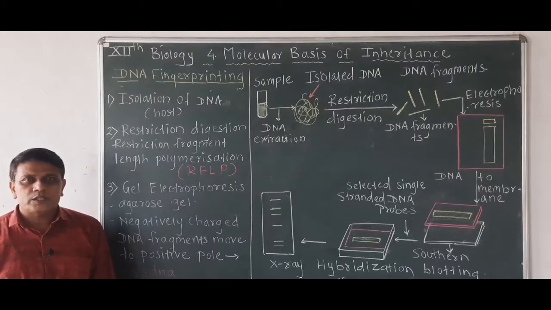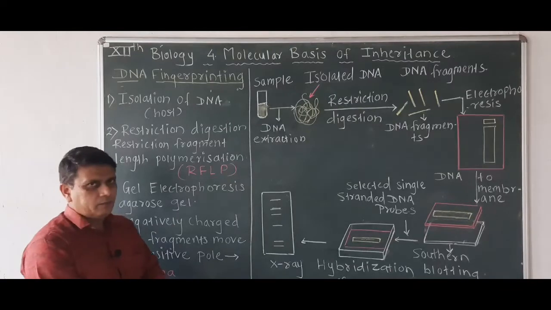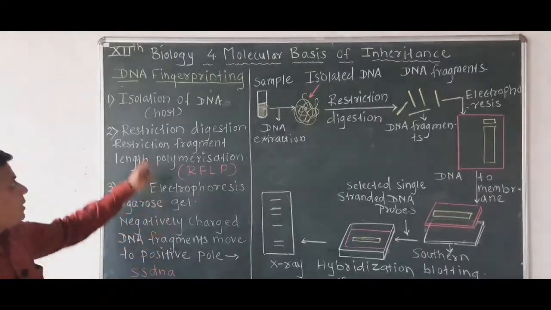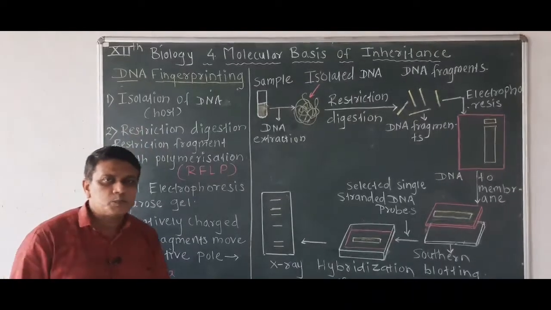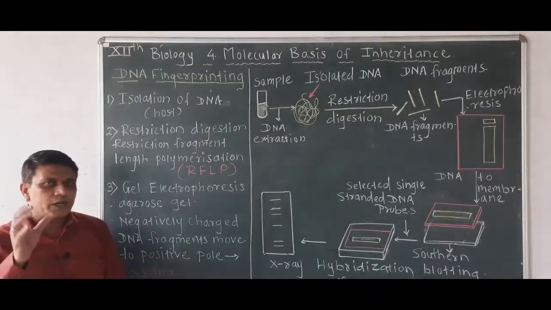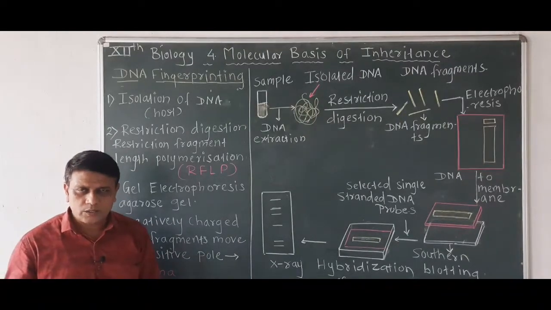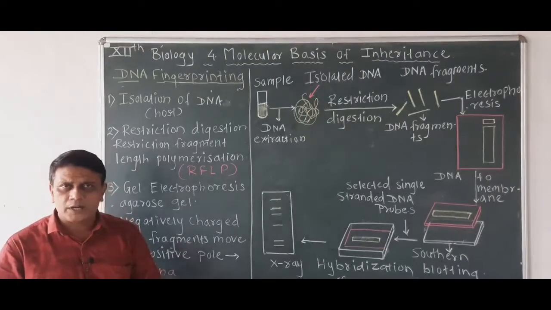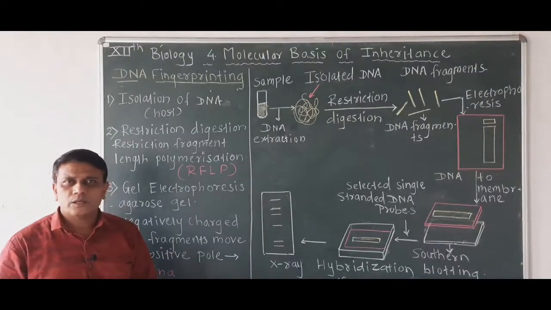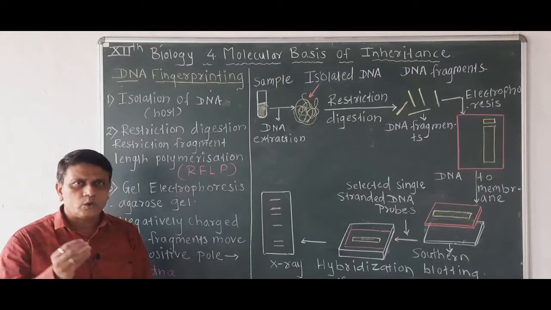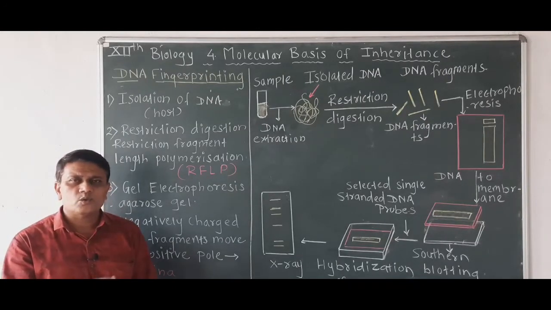Now we will see the different steps in DNA fingerprinting. The first step is isolation of DNA. For this purpose, a suitable sample is selected from the host. The sample may be a blood sample, cells from the root of the hair, or cells from the tissues of the skin.